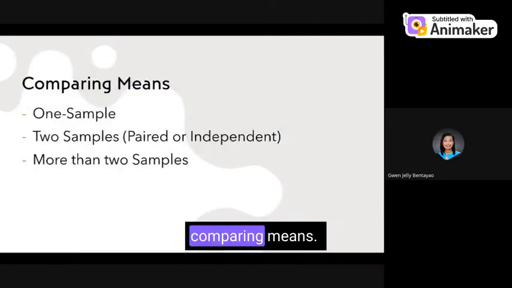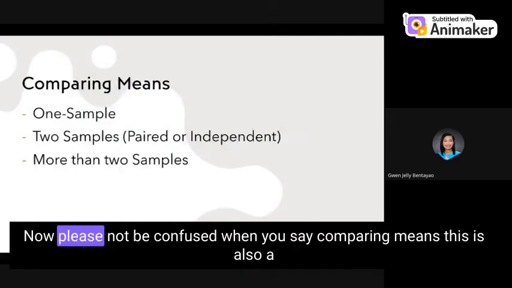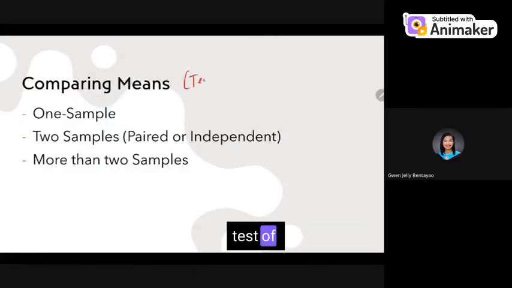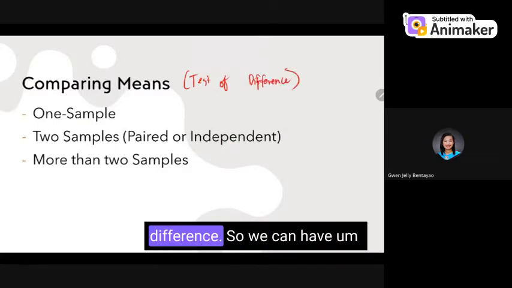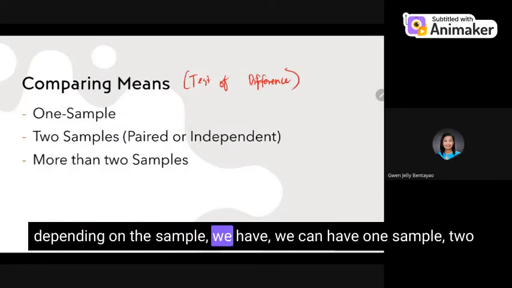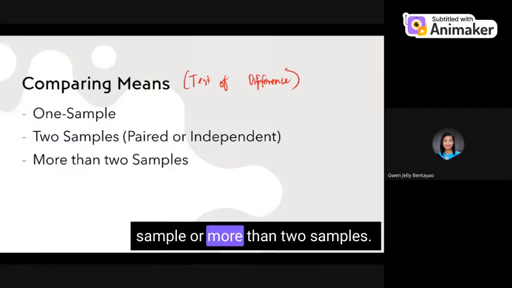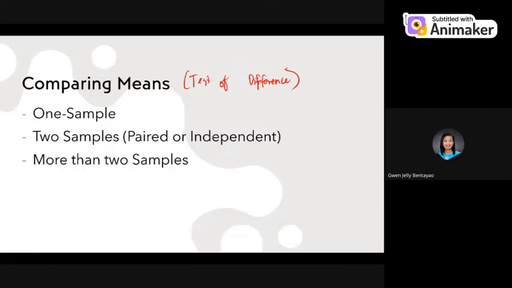Now we proceed to comparing means. Now, please do not be confused. When we say comparing means, this is also test of difference or significant difference. So depending on the sample we can have one sample, two sample, or more than two samples.